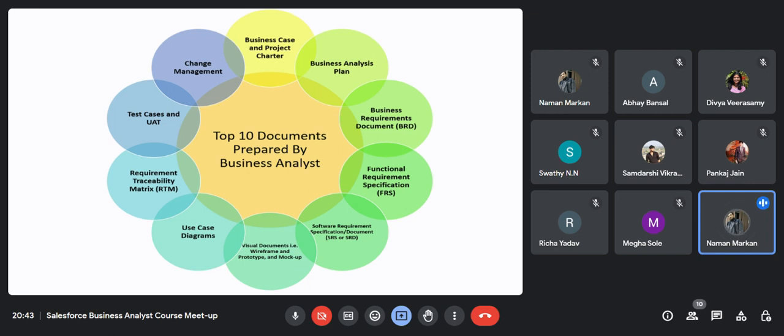That's why we write those specifications in a document called software requirement specification, or SRS or SRD, because it gives you a full understanding about the specification of the tool you will use while building a process.